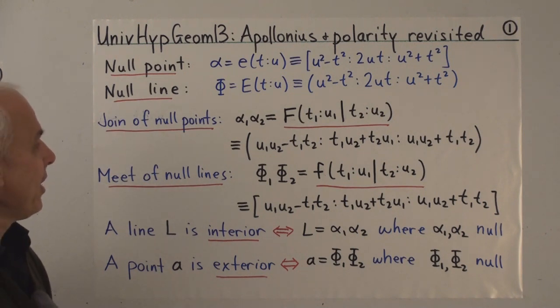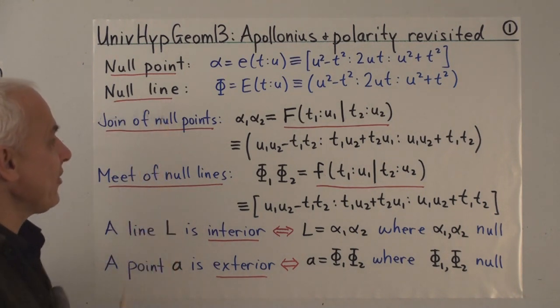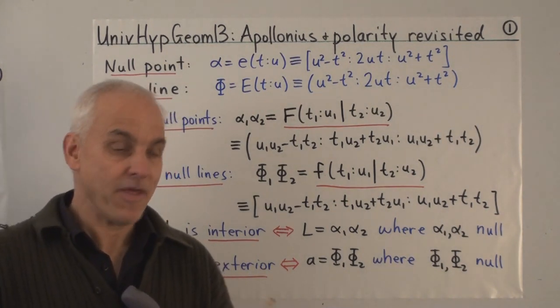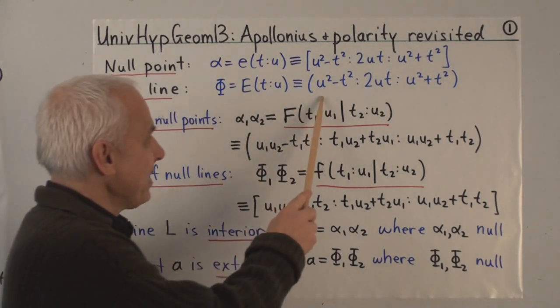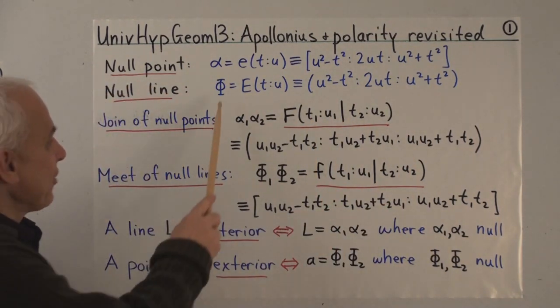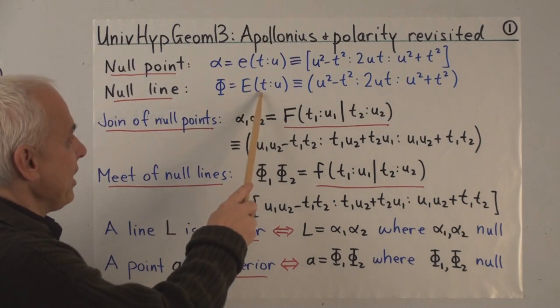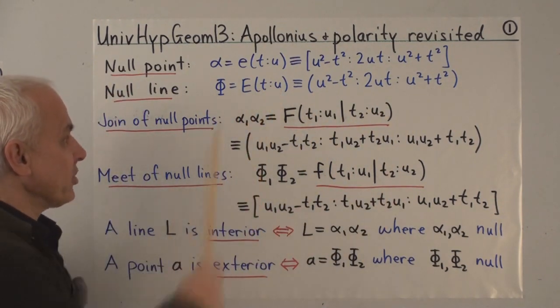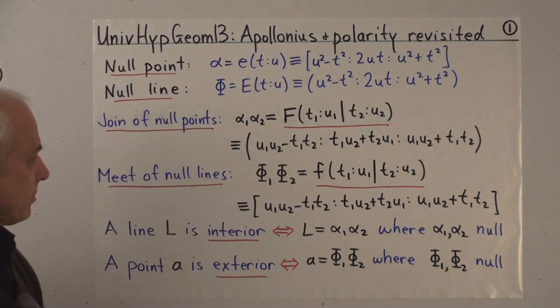And dually, we can discuss null lines. Those are lines whose duals lie on them. And any null line is given by this expression here with a round bracket, and correspondingly we have a function capital E of t to u that gives us a null line from a proportion t to u.